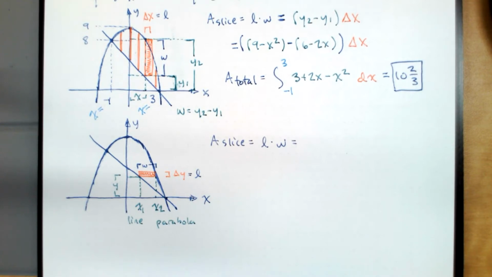Everybody see how that book is sitting between the line and the parabola? That's where that slice is. One end is the line, the other end is the parabola.